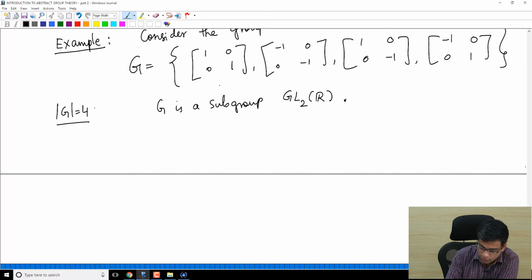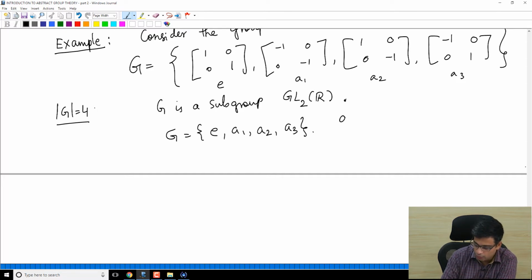I will give these names. Just for ease of working with this, let's call this E, let's call this A1, let's call this A2, let's call this A3. So the identity element I am calling E. What is A1 squared? A1 squared is E, that is this matrix multiplied with itself. That is same as A2 squared, that is same as A3 squared.